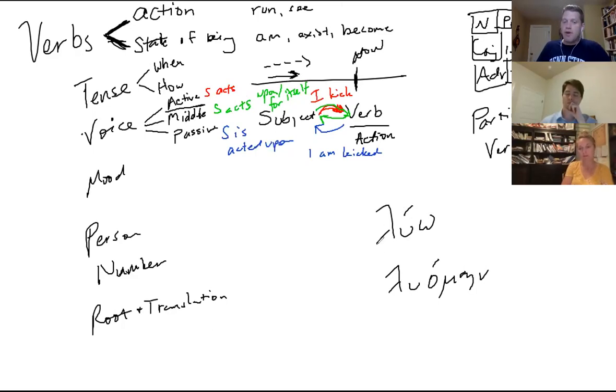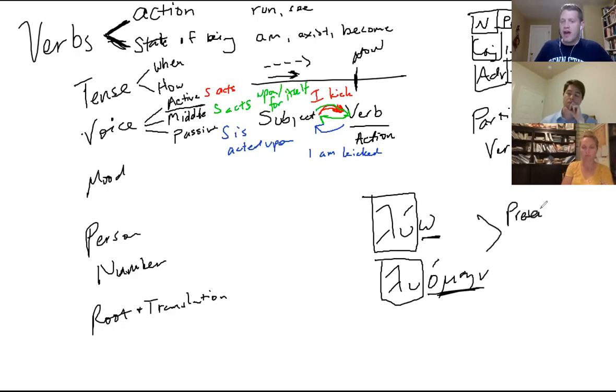They're both building on this root stem of lu, and then adding an ending. When we went to the imperfect, it added another kind of twist into this thing. So these were our presents. What did the imperfect add to this? Not just stem and ending. How do we know it was imperfect?